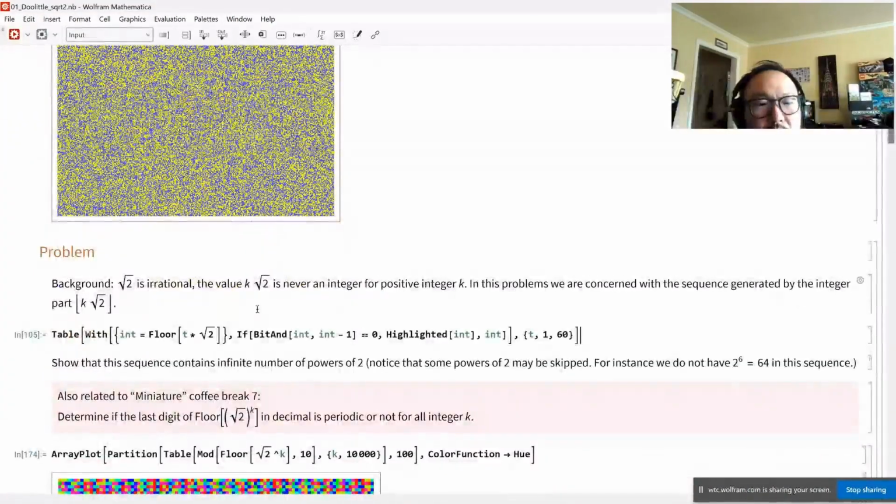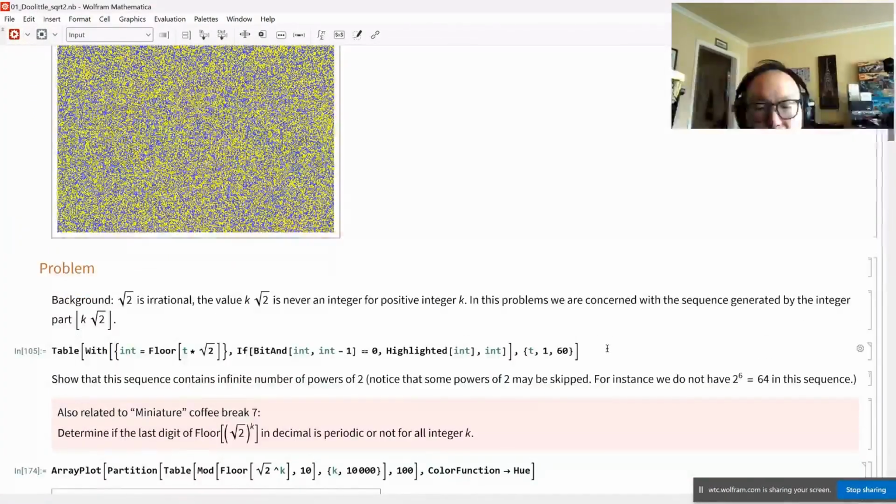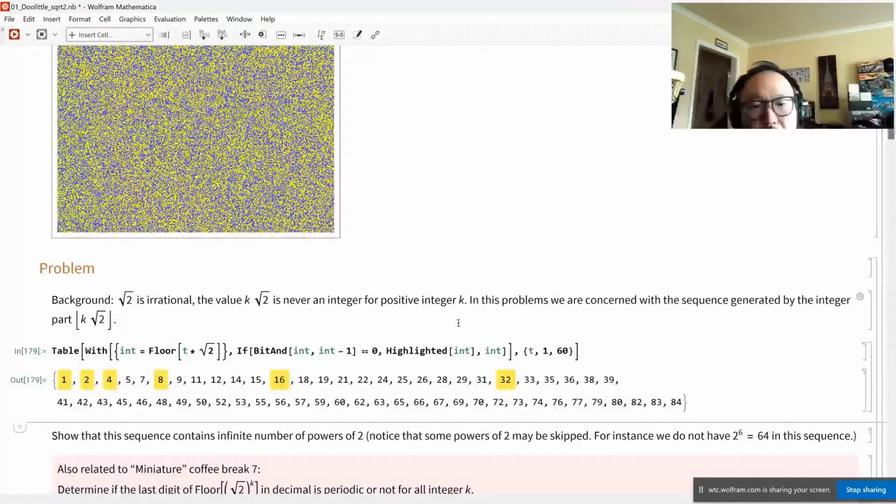We want to take the integer parts of 1 times the square root of 2, 2 times the square root of 2, 3 times the square root of 2, and so on. And we don't want all the integers, only a certain type. This type of integer must be a power of 2.